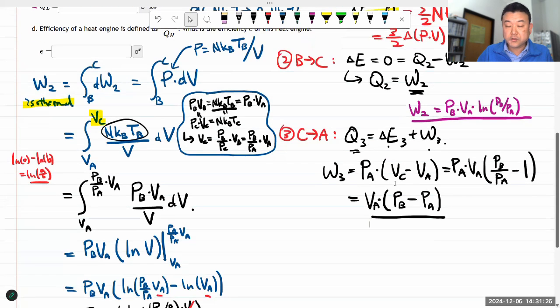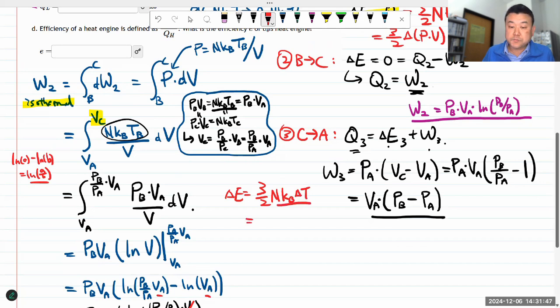And for the change of internal energy, we use the ideal gas law. We use the equipartition theorem, which says the change of internal energy for a monatomic gas is 3/2 NkB times the change of temperature. Now using the ideal gas law, you can say this portion is delta P times V, so 3/2 delta PV.